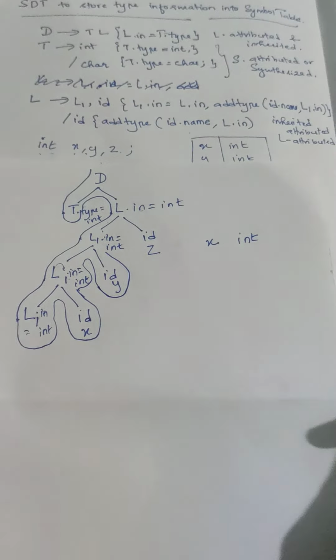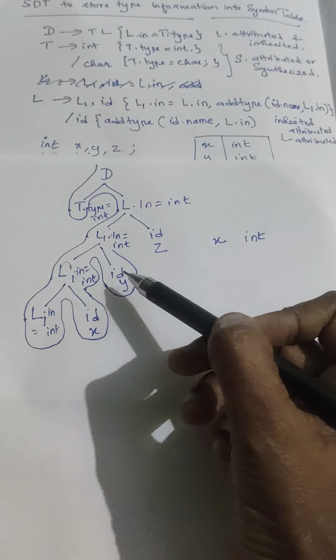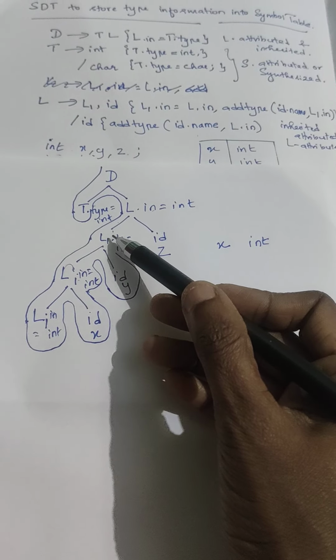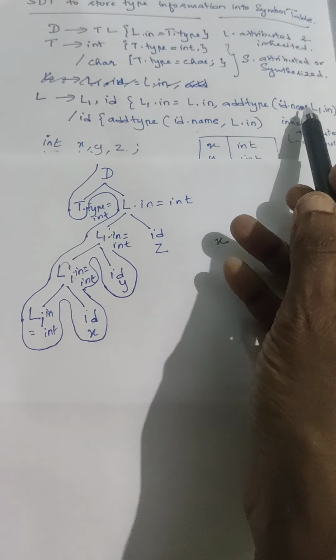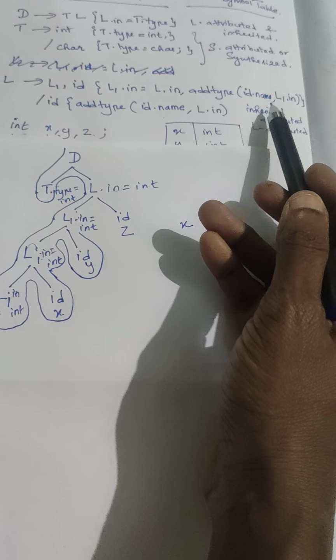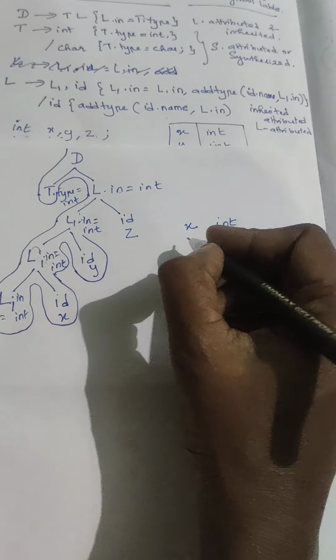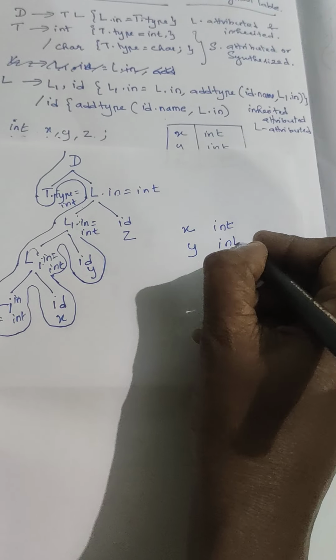and again there is a reduction. L1 comma ID is reduced to this L, for which you again have to perform this action of add type ID dot name, L1 dot in. So we are adding y into the symbol table.